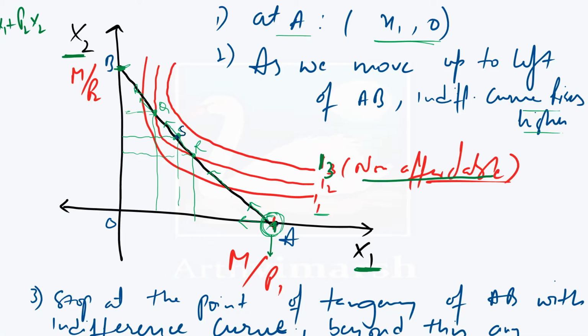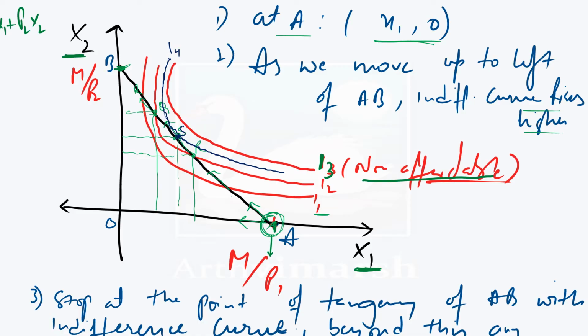Pardon me for this poor drawing, but had an indifference curve, say I4, been tangent to point S, this would have been the optimal combination, as it is in line with the assumptions as well.